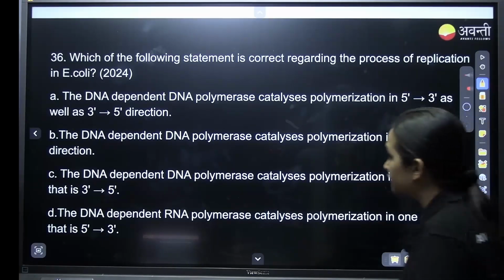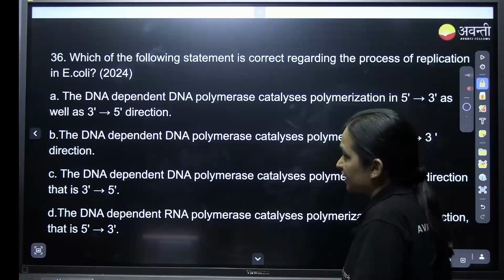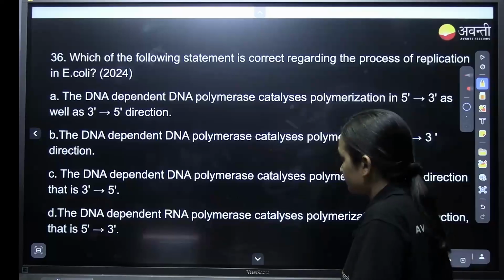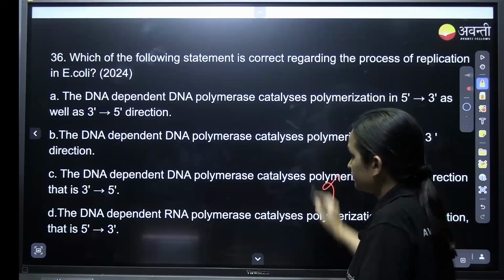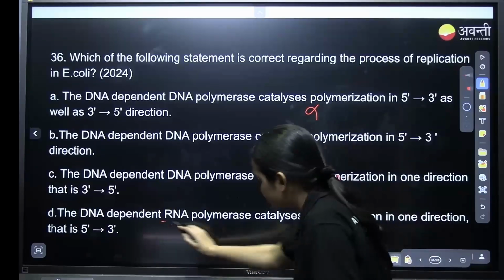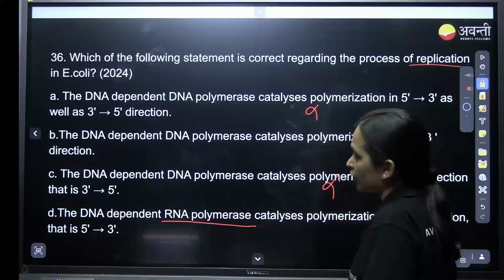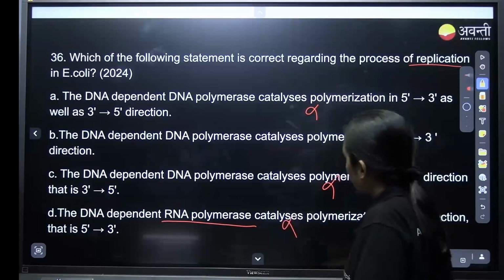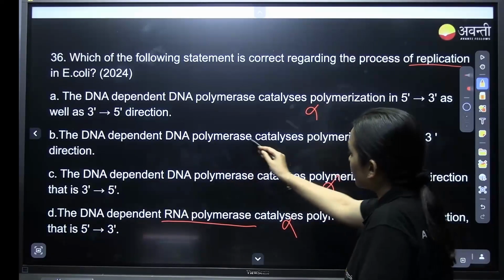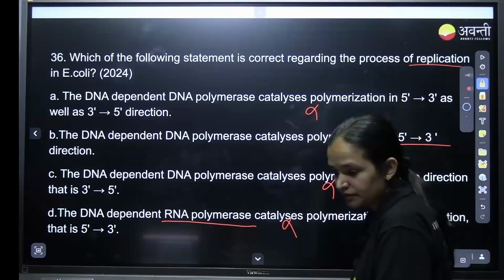DNA polymerase 3, especially in E. coli, that is a prokaryote, does 3' to 5' polymerization take place? No. And DNA dependent RNA polymerase, why? We are talking about the process of replication, why would RNA polymerase come? So this is also wrong. It is DNA dependent DNA polymerase catalyzes the polymerization in 5' to 3' direction.